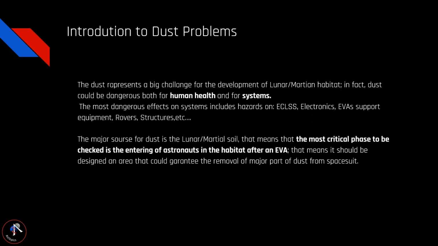And the dust could be dangerous for the electronics, for instance for optical devices, since it could cover the mirror, or for other instruments like the rovers or the moving parts. And of course, we have to develop a solution for when the astronaut comes from the outside to the inside of the habitats.